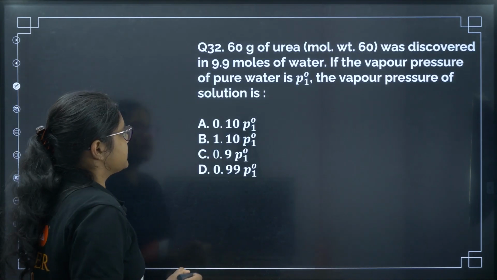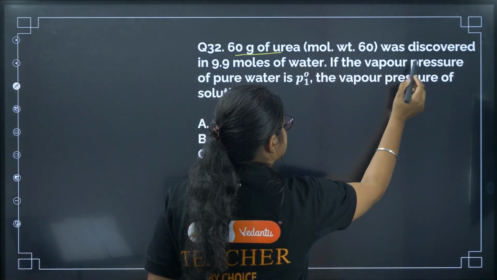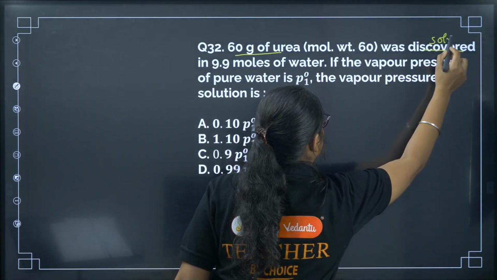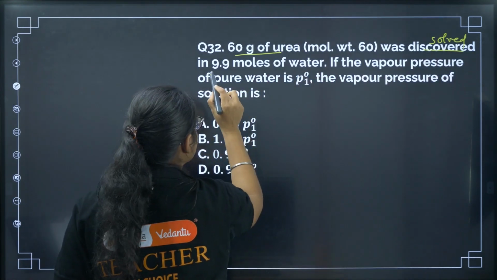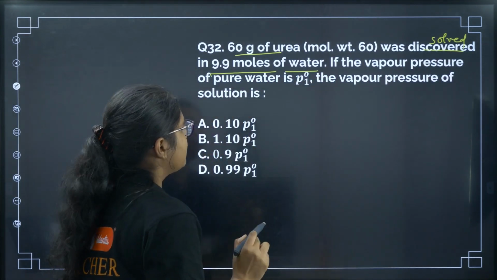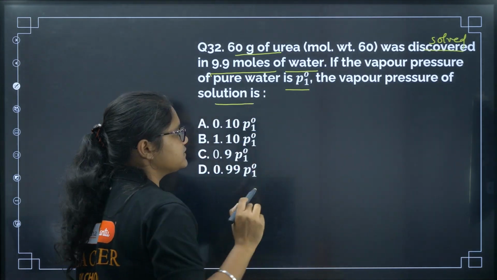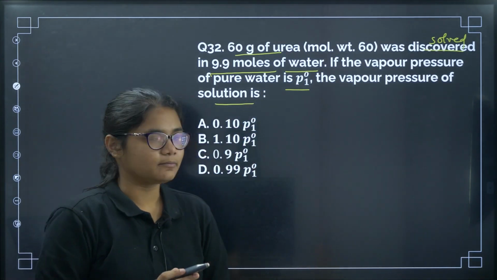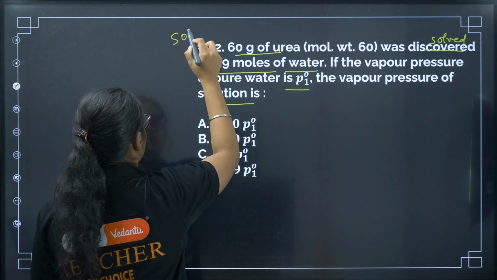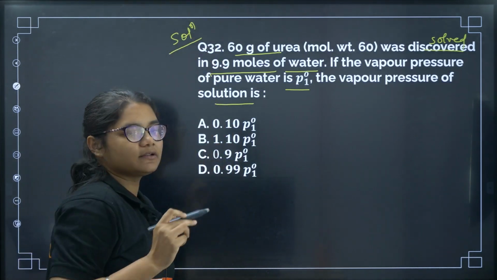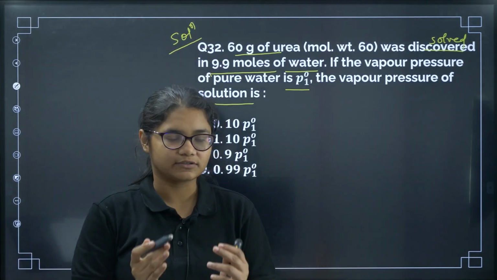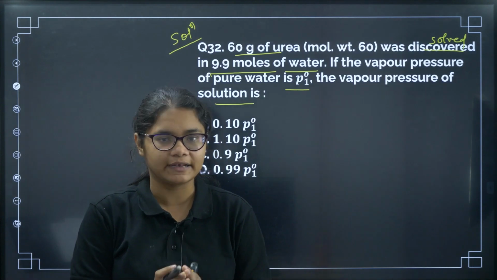Okay, now coming to the next question, 60 gram of urea was dissolved in 9.9 moles of water. If the vapor pressure of pure water is P0, then the vapor pressure of the solution is... So the question is from your solutions chapter, colligative properties, right? Whenever you add any solute to the solvent, the vapor pressure of the solvent will decrease, right?